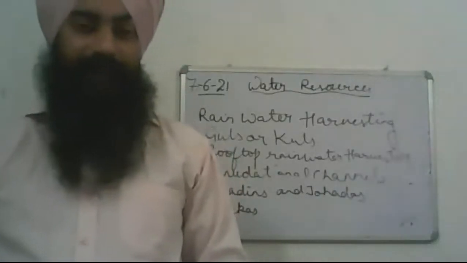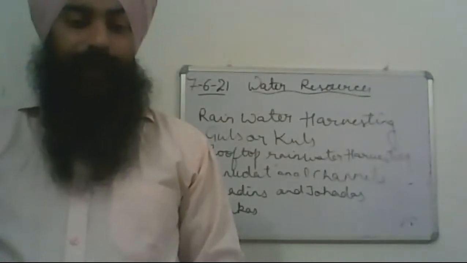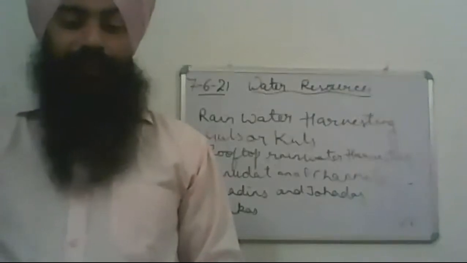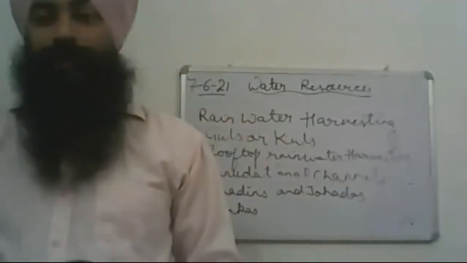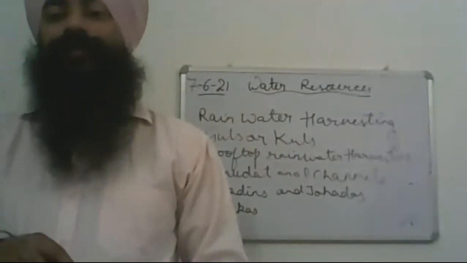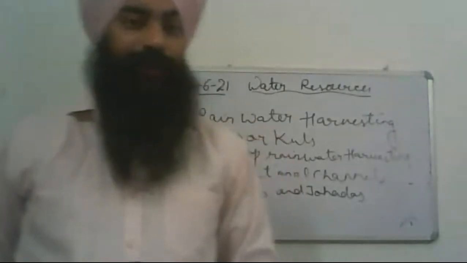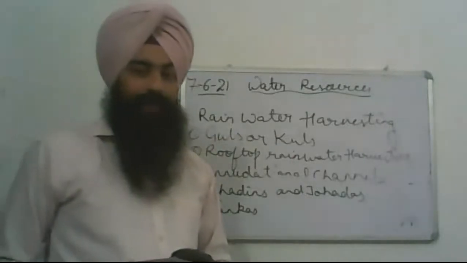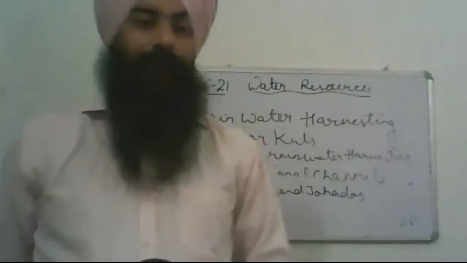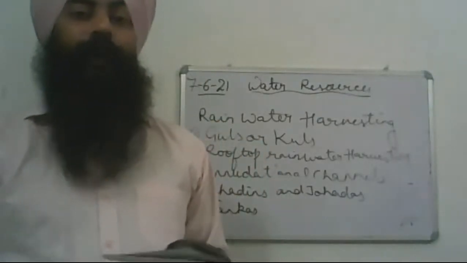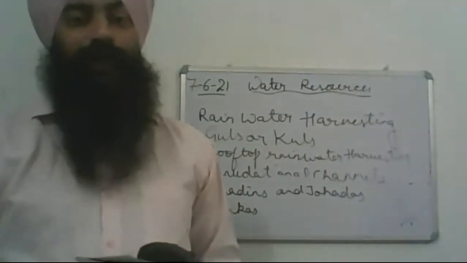In arid and semi-arid areas of Rajasthan, particularly in Bikaner and Barmer, traditionally homes have large underground chambers used for collection of rainwater. These chambers are directly linked with the roof through pipes. When rain occurs, water is collected through pipes in underground chambers, and they use such water for their domestic needs.